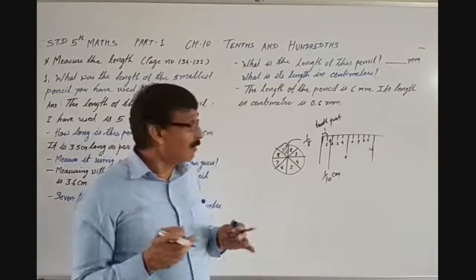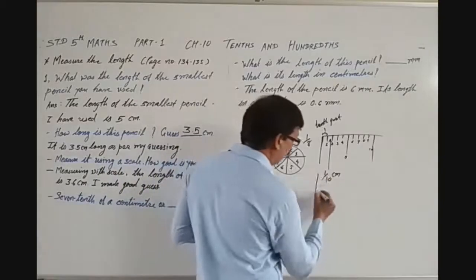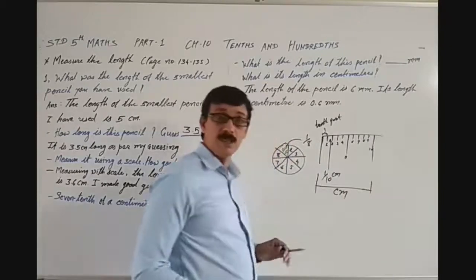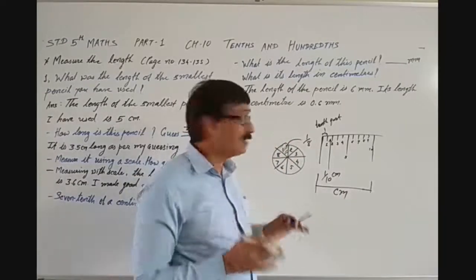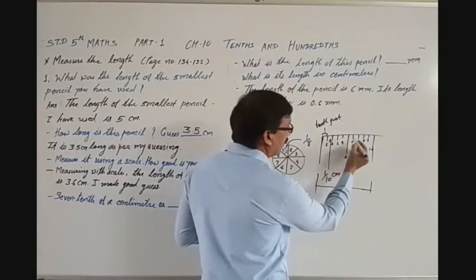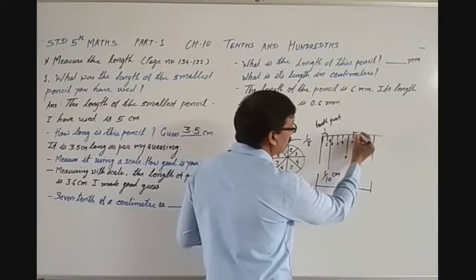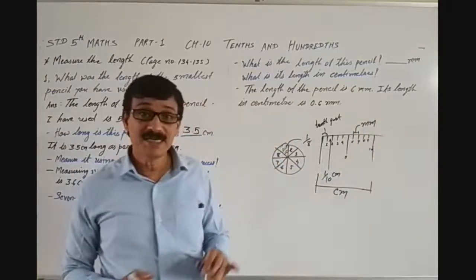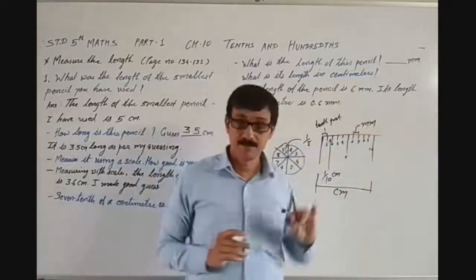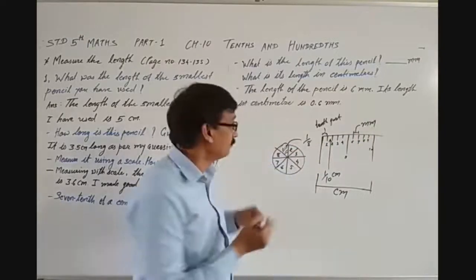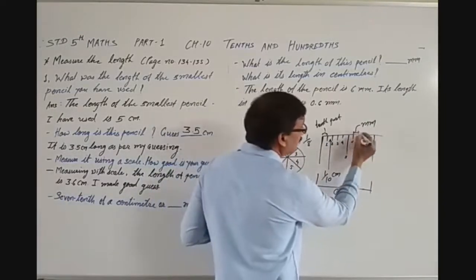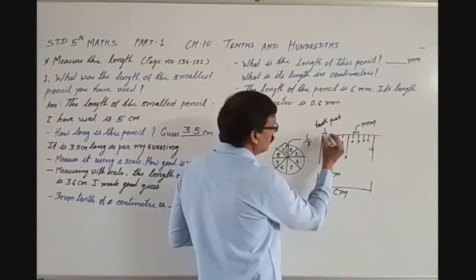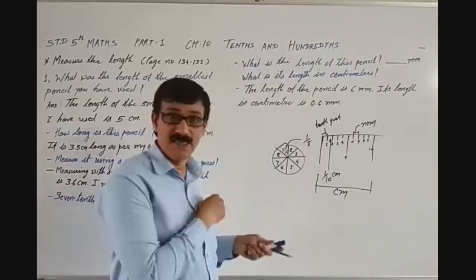But this full, this much is centimeter, but its 10th part, let it be any part, this much is millimeter. In short, we can write mm. Okay. Now 1 millimeter, you can see this much is 1 millimeter. This much is 1 millimeter. And this is also 1 millimeter, isn't it?